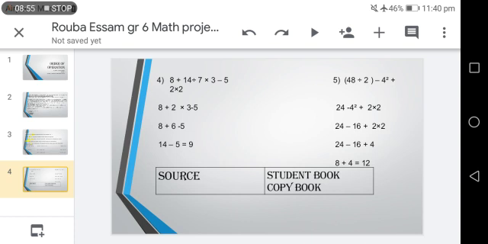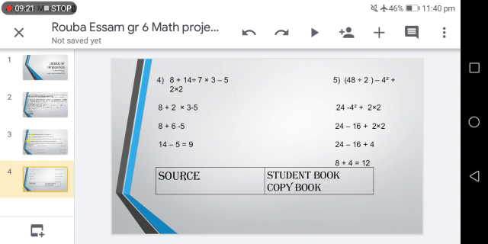We write the same equation again: 8 plus 6 minus 5. This is the last step, which is AS, which stands for add and subtract. 8 plus 6 is 14, and 14 minus 5 is 9. This is the answer of this equation.